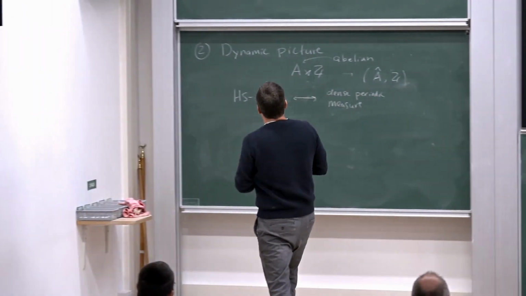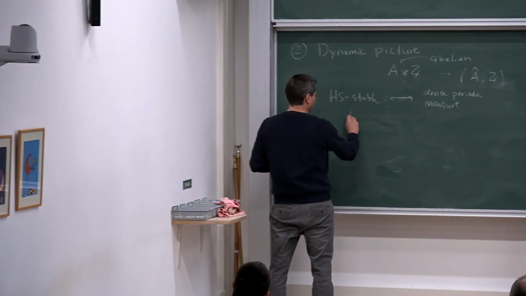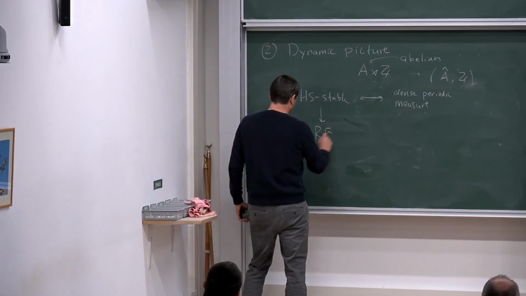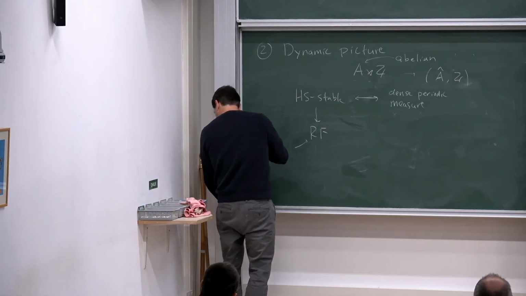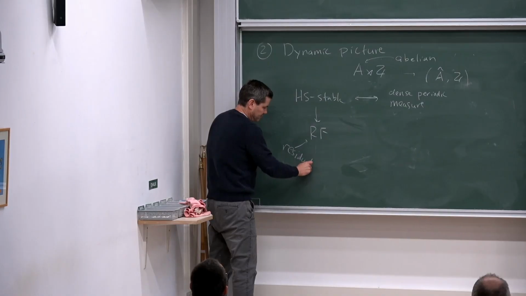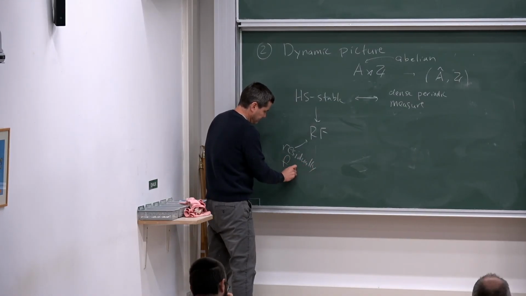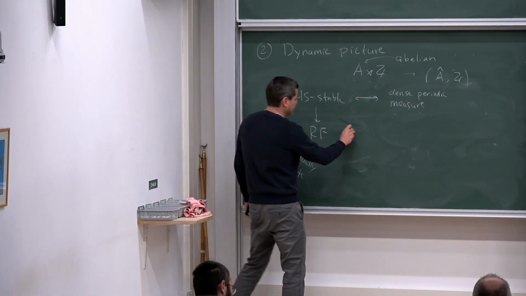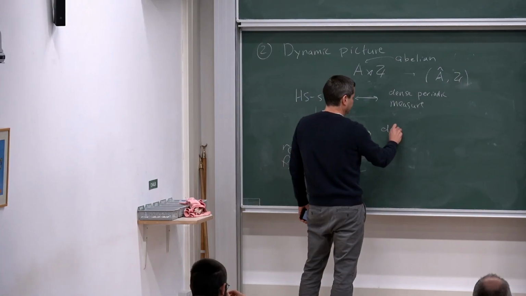And then I'm going to flip out a map for residually finite. So here, residually finite. And that's dense periodic.